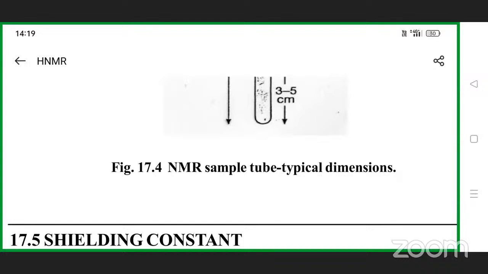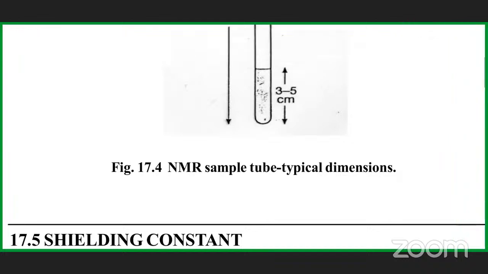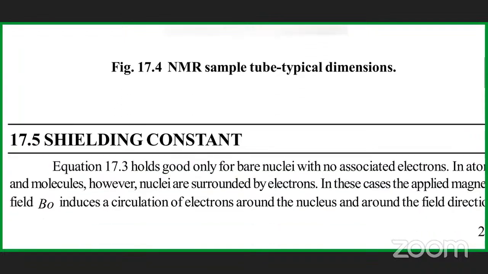If you are getting two or more spots, then your compound is impure, some impurity is there. Then you do the recrystallization again to make the compound pure. Only pure compound must be used for spectral recording and spectral analysis.